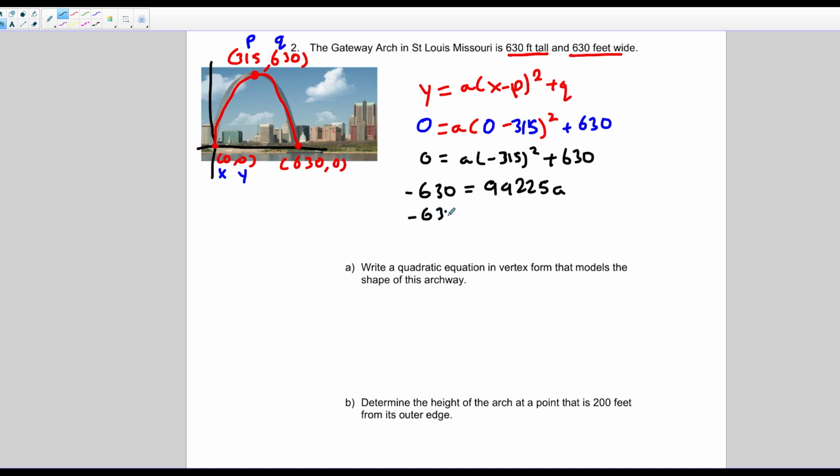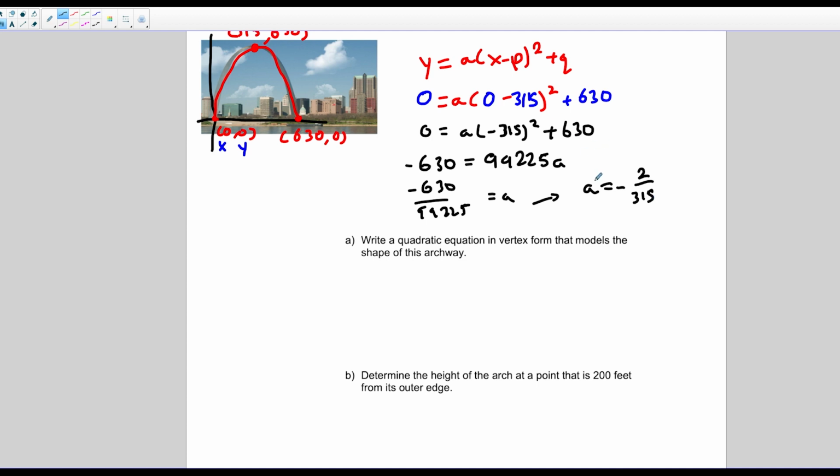So negative 630 over 99,225 is equal to my a value. And we're actually going to reduce this a little bit. We end up getting a is equal to negative 2 over 315.